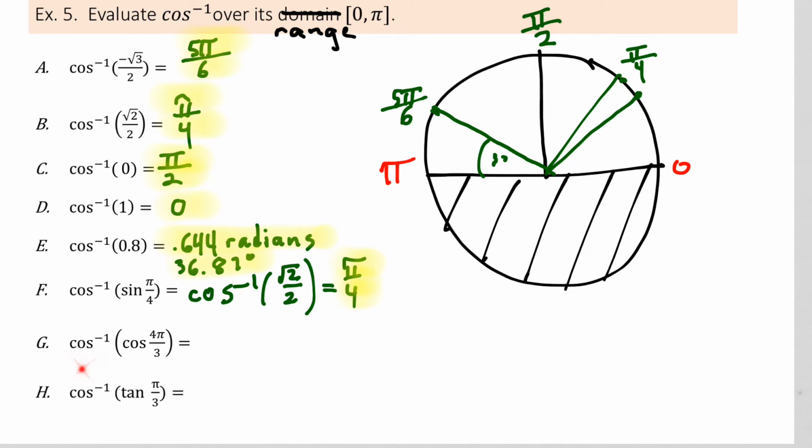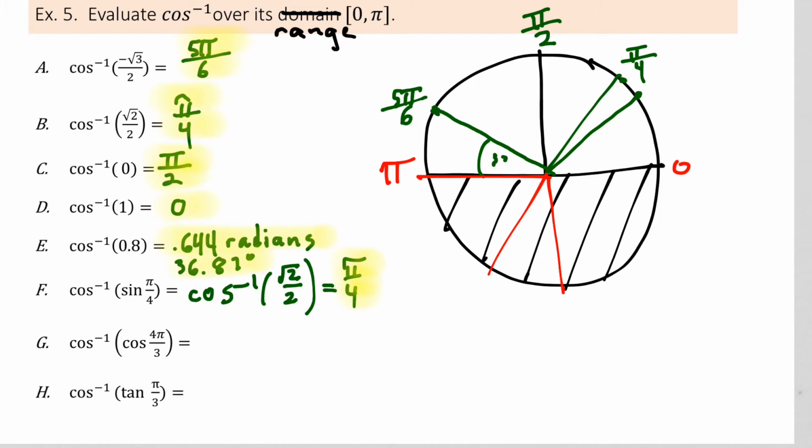Okay, so this one says the inverse cosine of the cosine of 4 pi over 3. So the cosine of 4 pi over 3, so let's just draw that on here. So this would be 3/3. So this would be 4/3 down here.